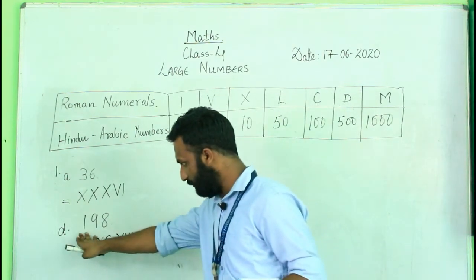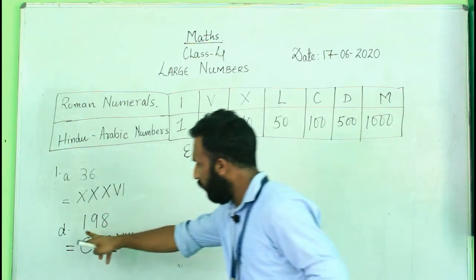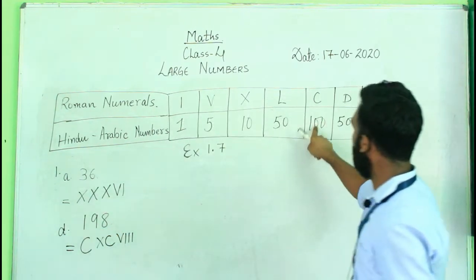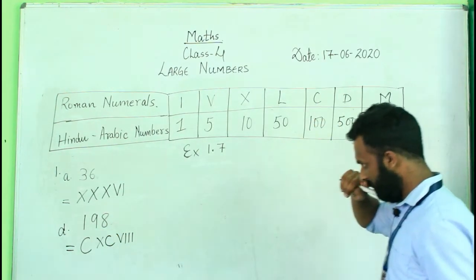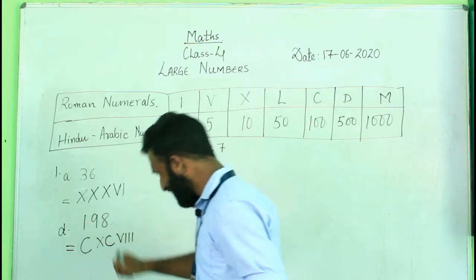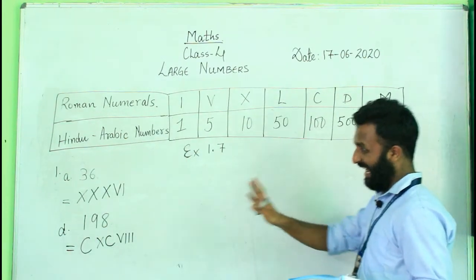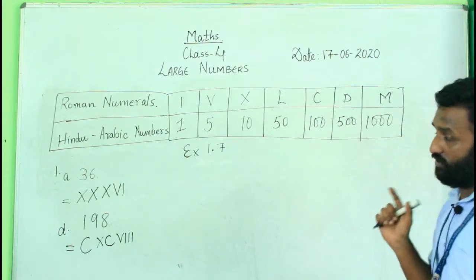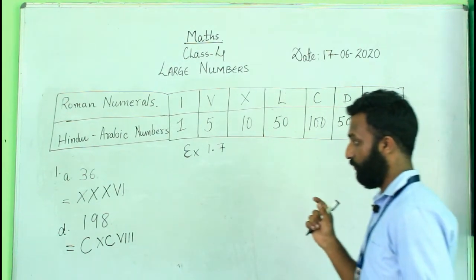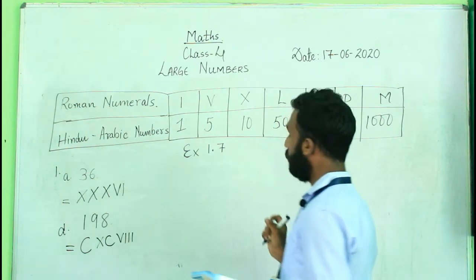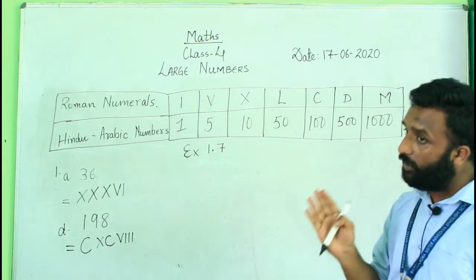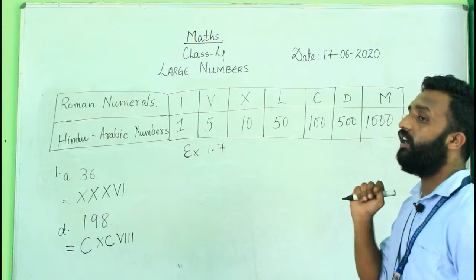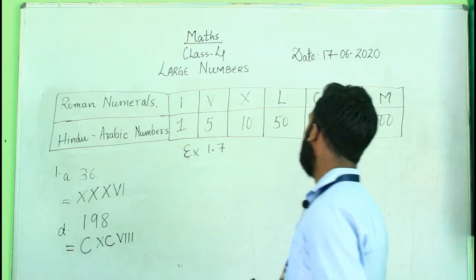Again I am explaining this one. For 100 I have written C. So we have 98 left. To bring 90, I have used subtraction, the third rule I told you: whenever the smaller number is at the left side of the bigger number, we subtract.